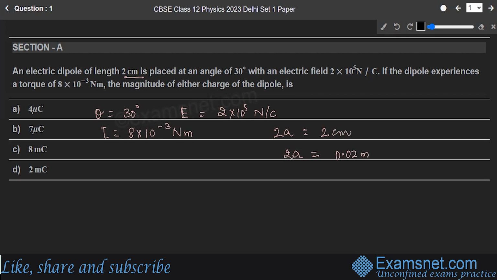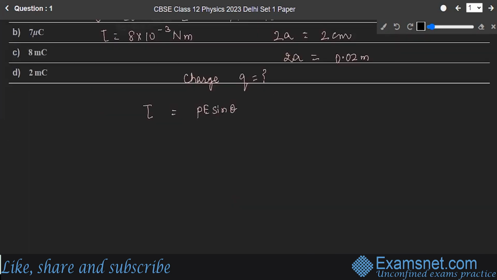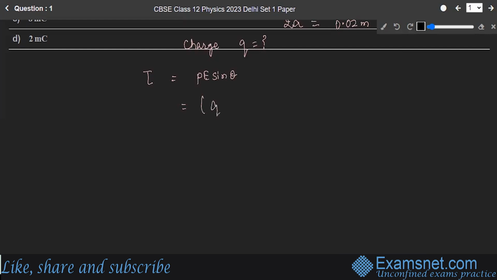Now, what you have to find out is the charge. We know that torque is equal to PE sine theta, and P is equal to charge into dipole length, so torque is equal to Q into 2A multiplied by E sine theta. This is the formula. So what is Q? I have to find that out.